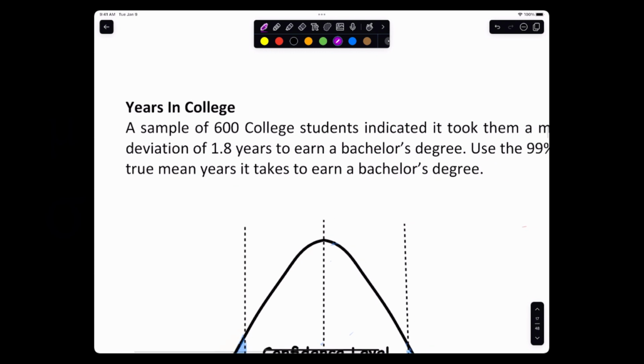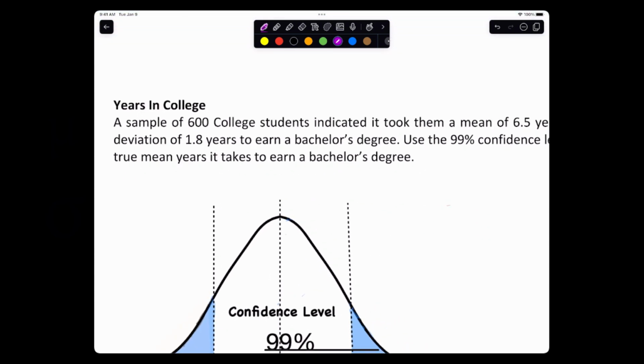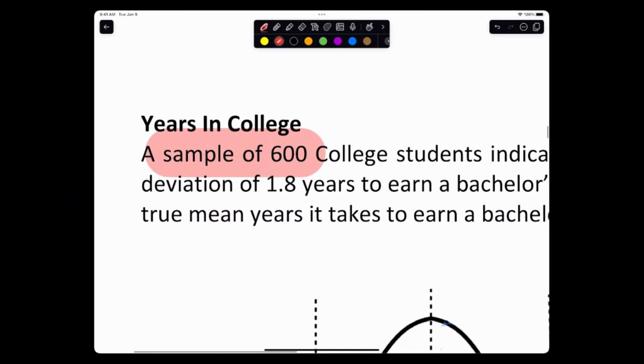So I'm going to go through this, read it again, and I'm going to use colors, and I'm going to be consistent with my colors. I always put my sample information in red. So they say a sample of 600 college students. What do you think they just told me when you read that? N is 600, and it is large.